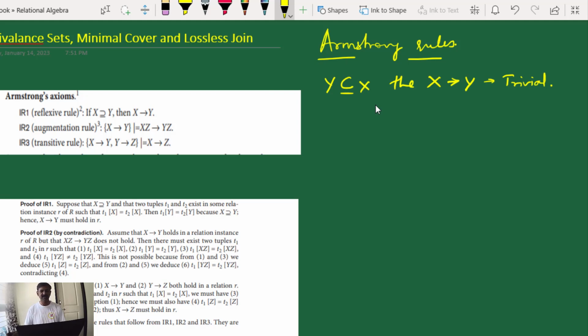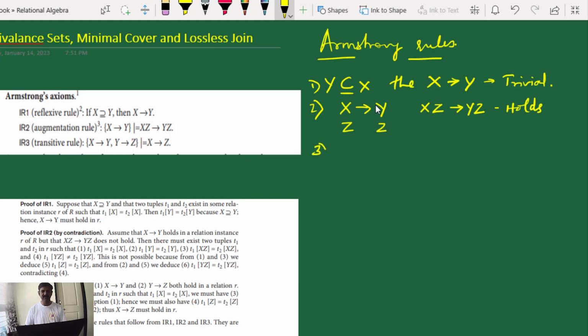What is more interesting is the second inference rule. It's called the augmentation rule. It means if you have a functional dependency X arrow Y, and you add one attribute Z on both sides, then the functional dependency still holds. It means XZ arrow YZ holds. So by adding the same attribute on both sides of a functional dependency, the functional dependency still holds.